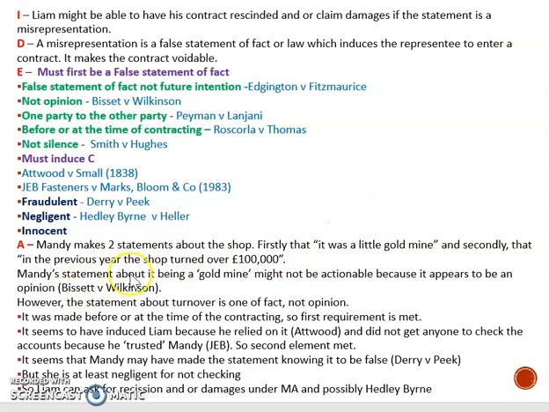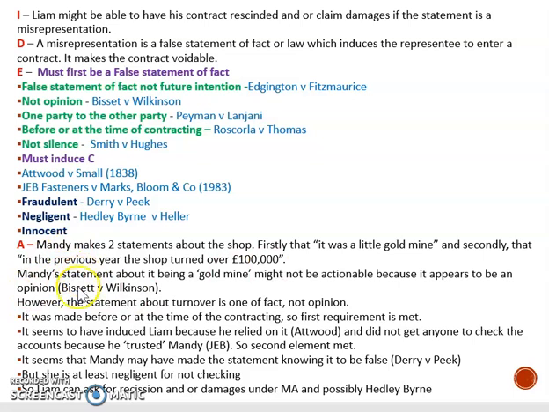I've started with her first statement, it was a little gold mine. And what I've said about that is that might not be actionable because it seems to be an opinion, Bisset v Wilkinson. Although if you're telling someone something's a gold mine, it's a bit of a tricky one because you are saying it turns over a lot of money. So it's a bit unclear whether that's fact or opinion, but it doesn't matter too much because she then goes on to say, it turns over £100,000, and we know that's false later on.